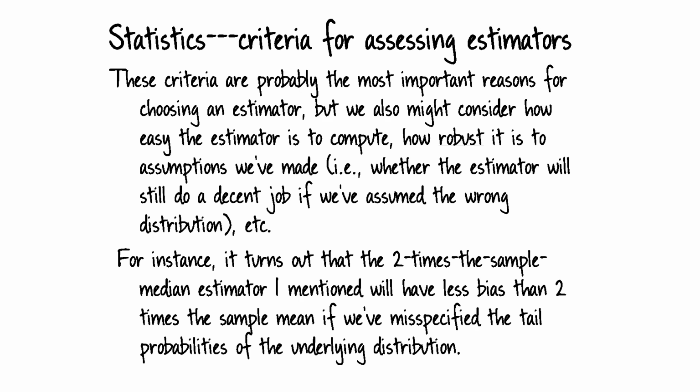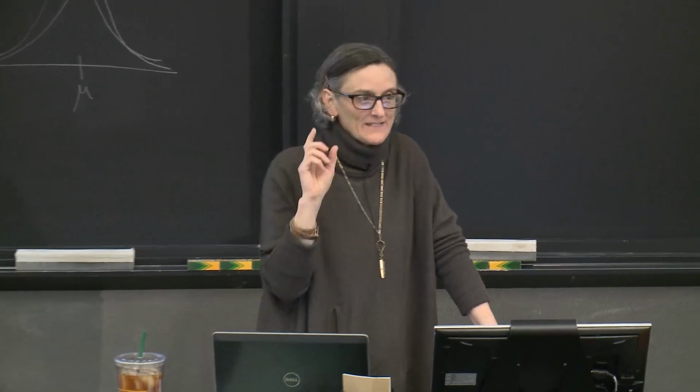Yes. So in that example, what would be the wrong distribution that we assume? So let's suppose we came up with this 2 times the sample median estimator in the uniform 0 to theta example.